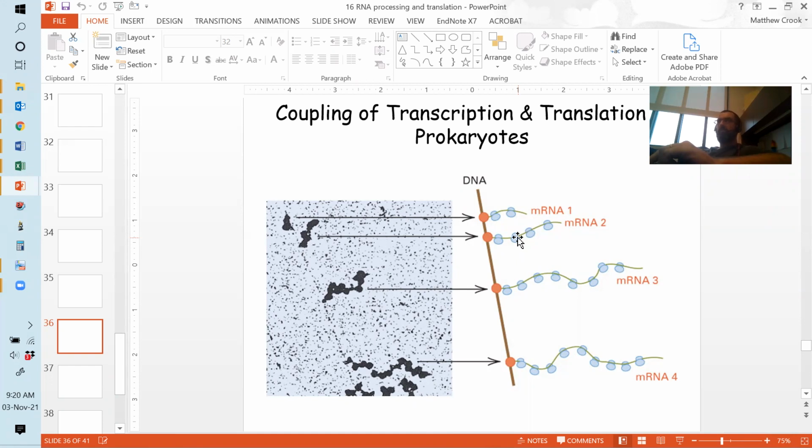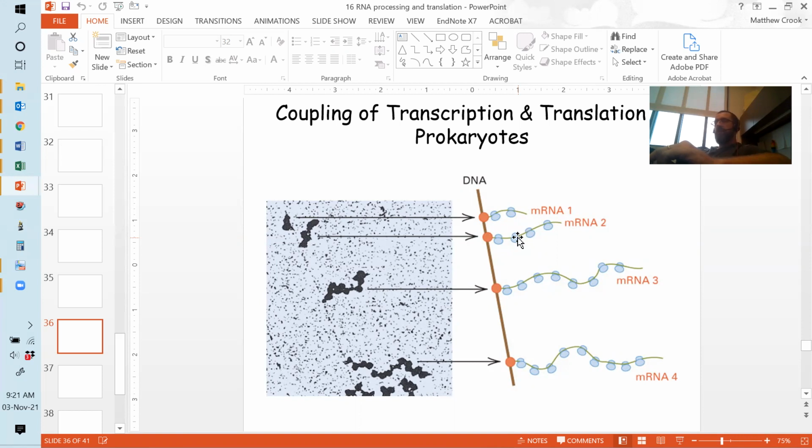And so to put this into the bigger context, bacteria are not really able to manipulate their environment, right? So they are at the mercy of any changes in their environment. So in order to survive, they need to be able to respond to those changes very quickly, right? They can't store a lot of stuff, right? They're small and you don't want to waste energy because energy equals survival and reproduction, essentially.